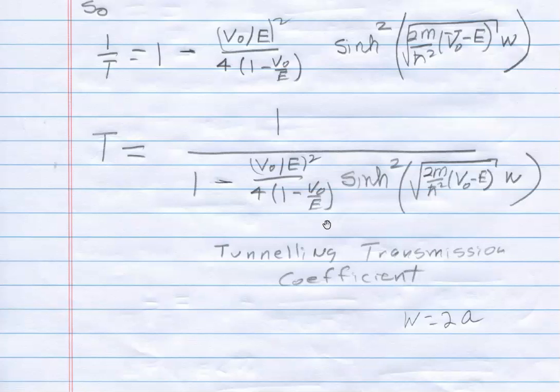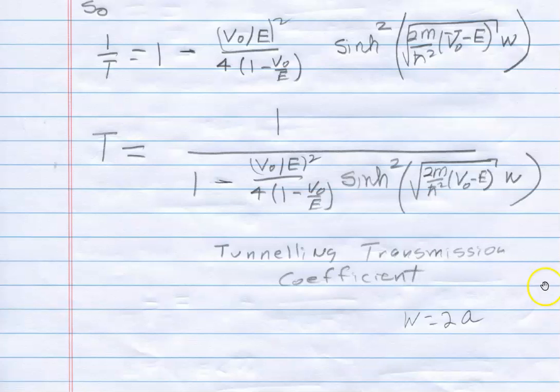There's various approximations that people make for this hyperbolic sine, so you may see this in approximate form. But essentially it says that one can get tunneling, transmission, through these barriers, even though classically the particle beam doesn't have enough energy to get through it.